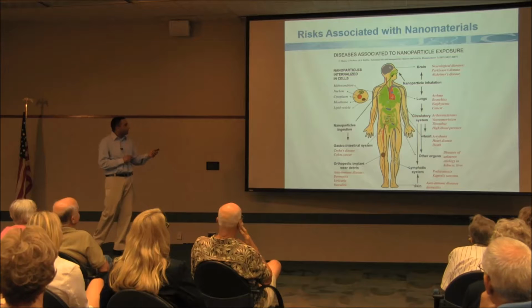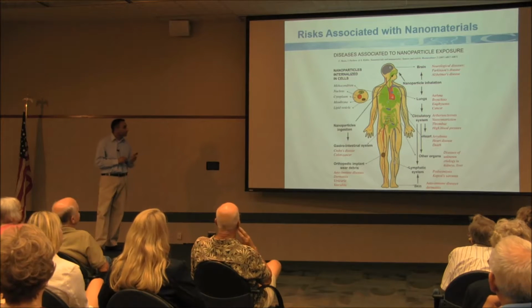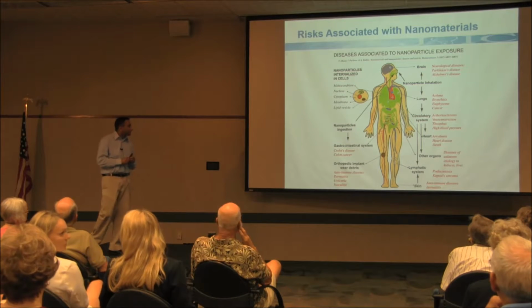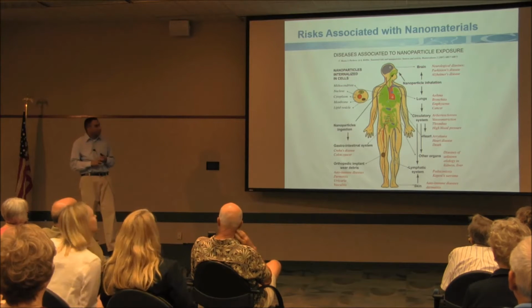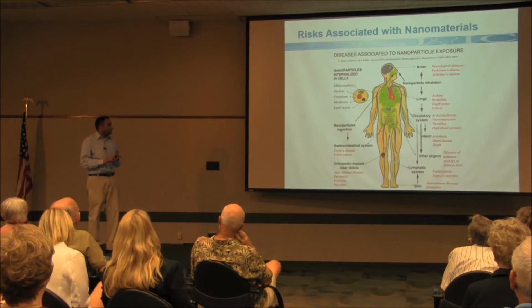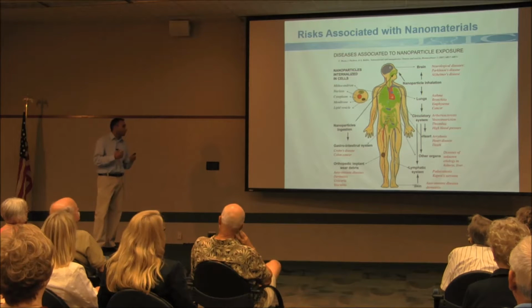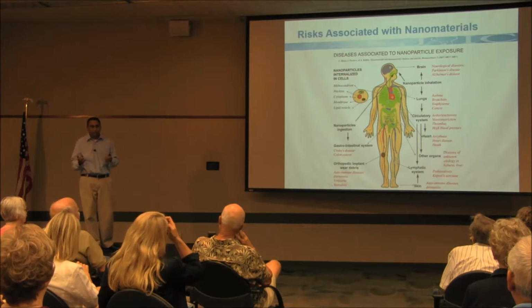So what does that tell us? Risks associated with nanomaterials. This was a paper that was submitted back in 2007. Government agencies such as the NIH did a study on trying to determine what effects nanomaterials have on us.